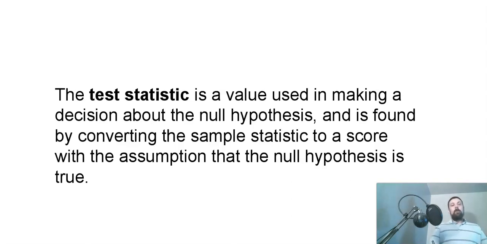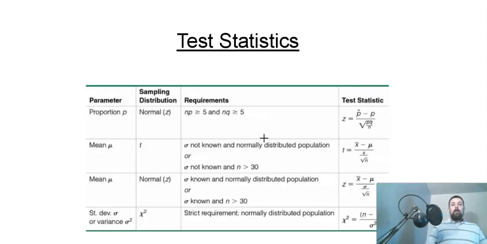And not only will the formula be different, we'll be using two different distributions, just like we did in chapter 7. If we're testing a claim about a proportion, we use the normal distribution, and our test statistic will be a z-score. If we're testing a claim about the mean, we're going to use the t-distribution, and our test statistic will be a t-score.